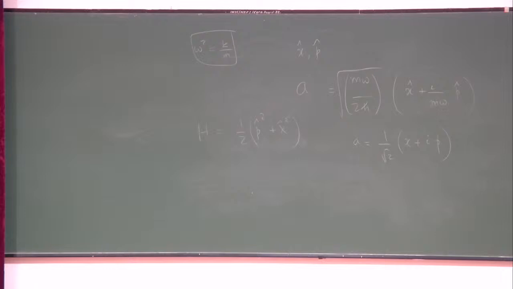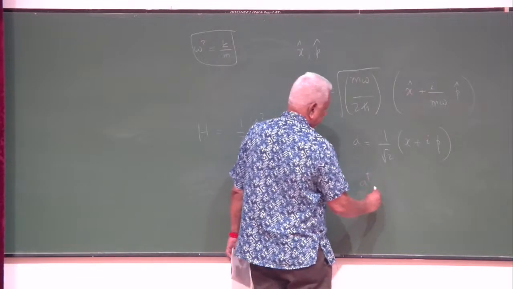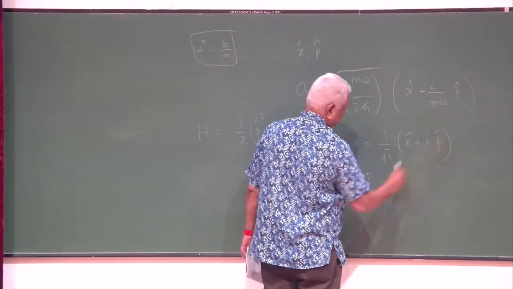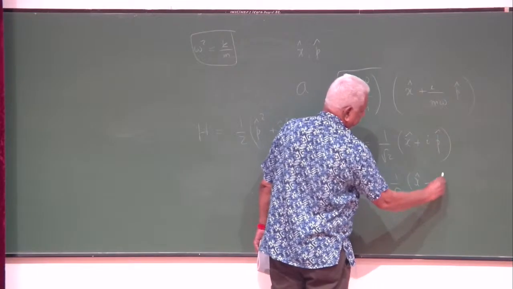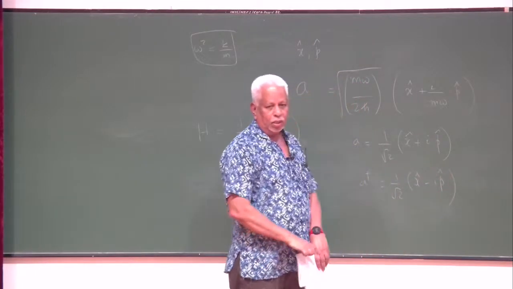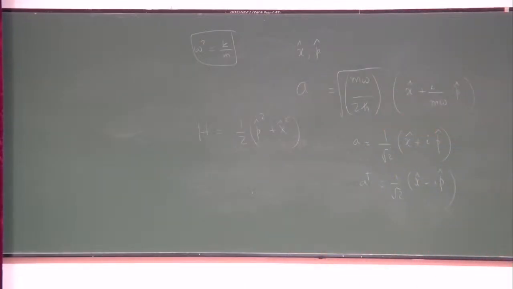That is what I am going to do. So there is another operator, A dagger, which is 1 by root 2 times x hat minus i p hat. There are two operators which I have introduced, A and A dagger, which is essentially p square plus x square. That is like going from Cartesian to polar coordinates, where r square is x square plus y square. That is what I am doing here.